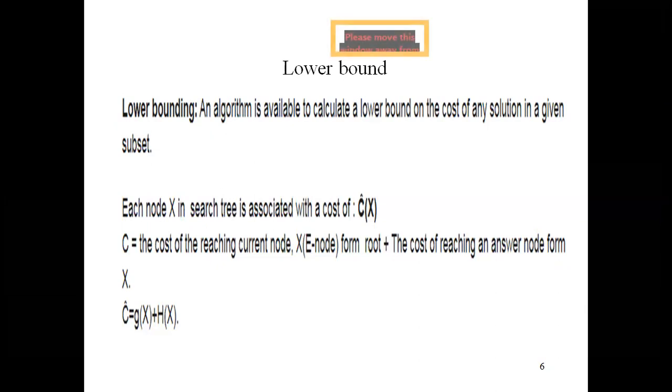Now consider both costs and add them to get the cost of that particular node. So the cost C cap is equal to g of x plus h of x. In some textbooks, it is given as f of x plus g of x. Both are the same.